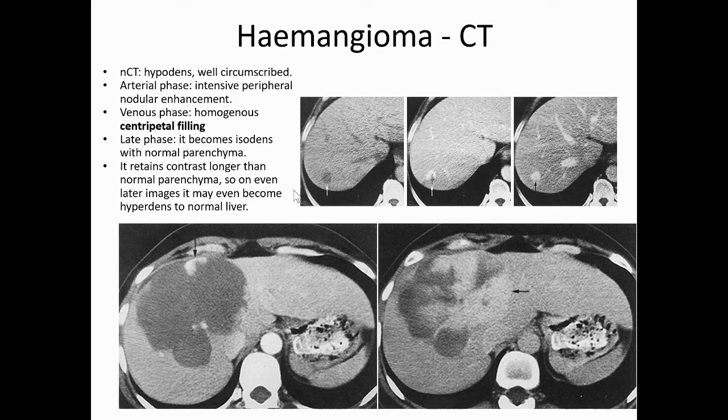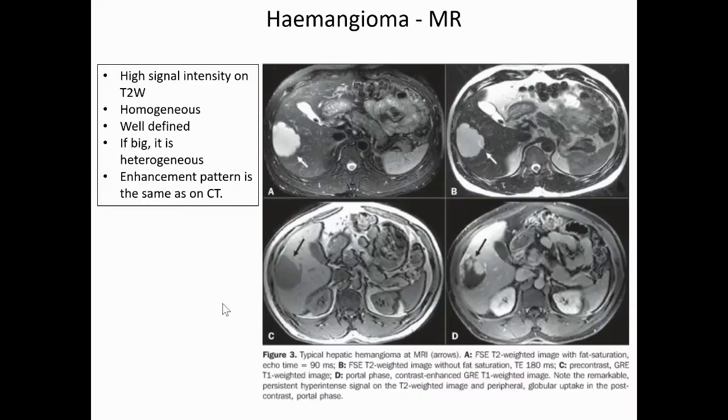Hemangiomas are sometimes small, or they can be just as big as half of this liver. So even though this is a menacing looking lesion, it still shows this nice centripetal filling, and so this is diagnostic for a hemangioma.